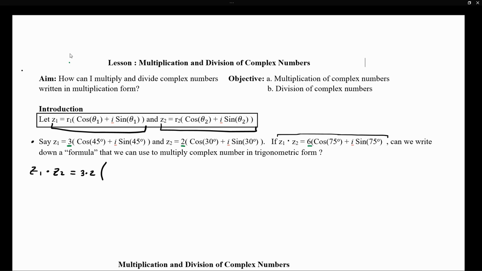Because notice that we're still talking about cosine and sine, but notice that I started with 45, then I multiply a complex number that uses 30, and my result is 75. So what can I do to 45 and 30 for me to obtain 75? Notice that we just add those degrees.